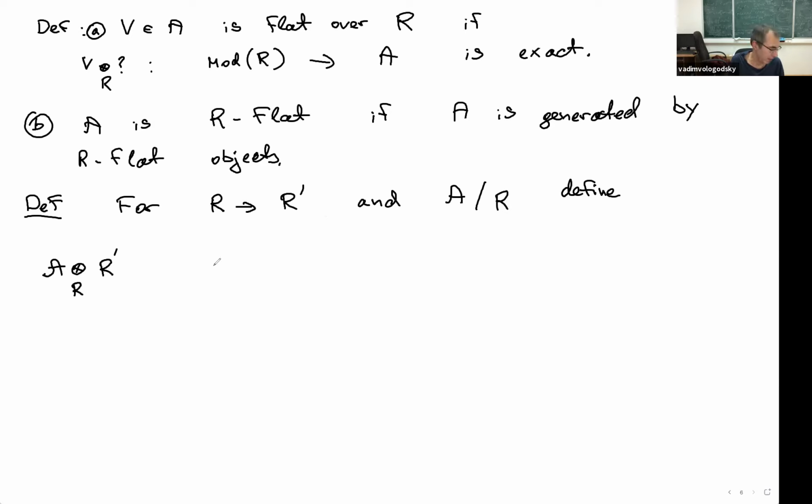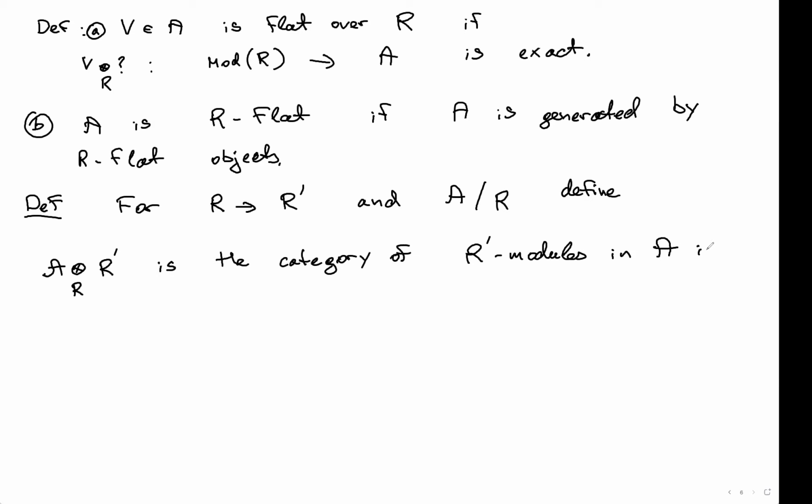And you want to define it in purely categorical terms. So here is what you do. You take the category of R prime modules in A.